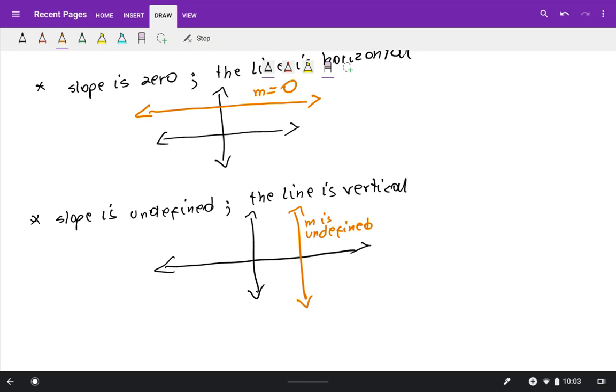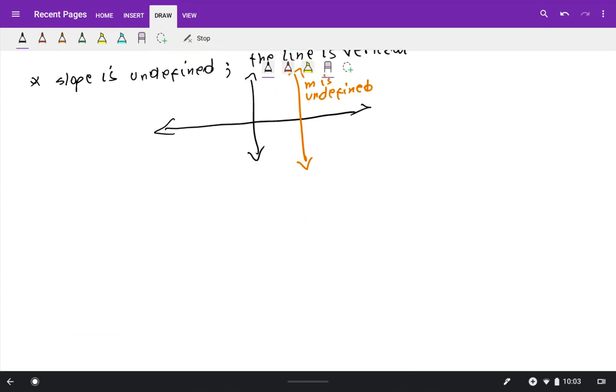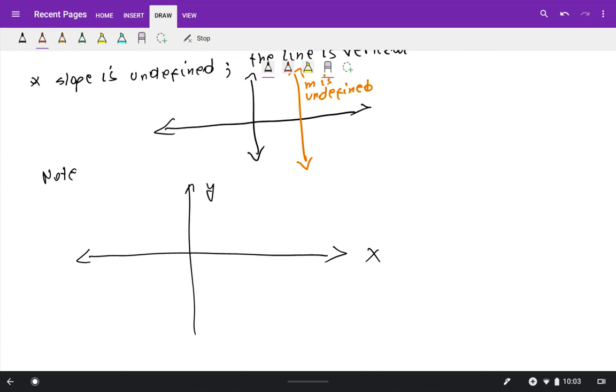Also, what is important, I just quickly going to mention, that when you're drawing straight lines, this is the note. So we have a coordinate plane, x and y, and you may see different types of slopes. So let's say you have a line like this, and then you may have a line like this, and then let's do orange.